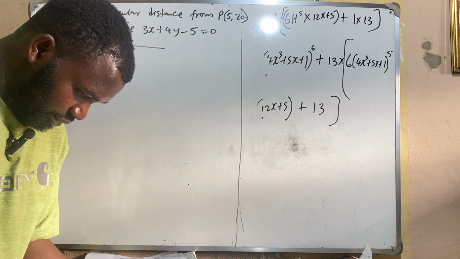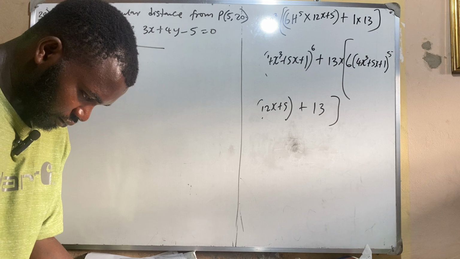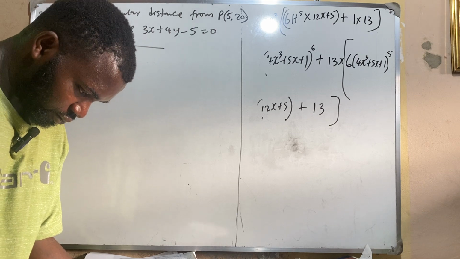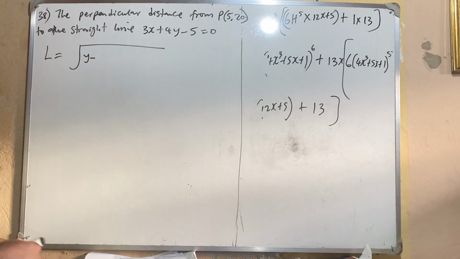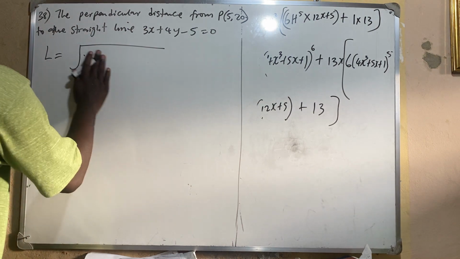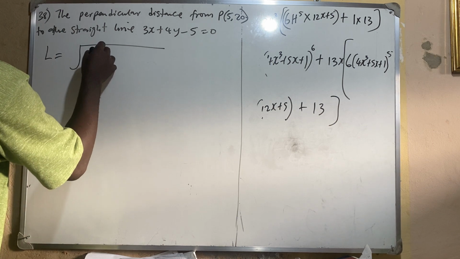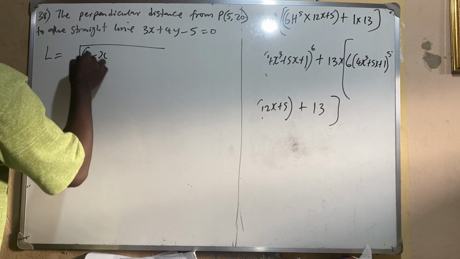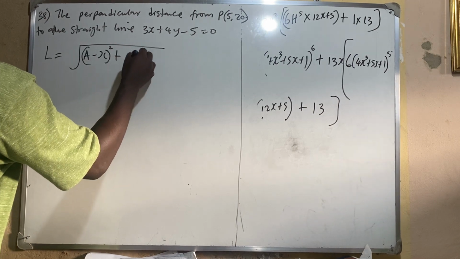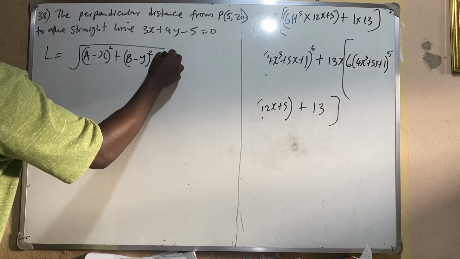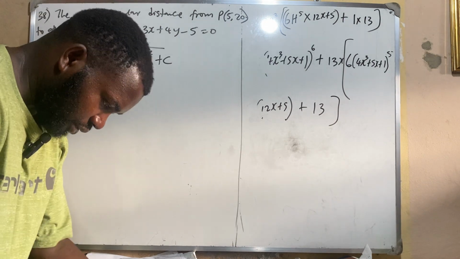The perpendicular distance. Okay, I think it's the square root of a minus x all squared plus b minus y all squared plus c or minus c. I can't remember. I'm trying to recall.